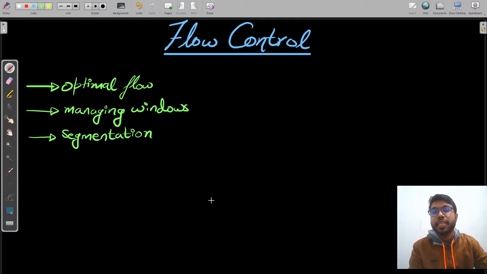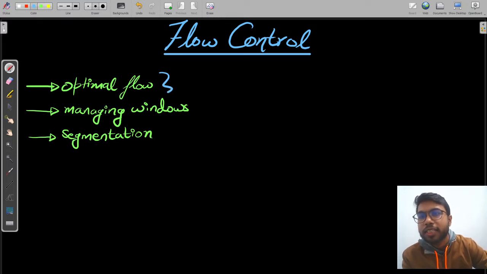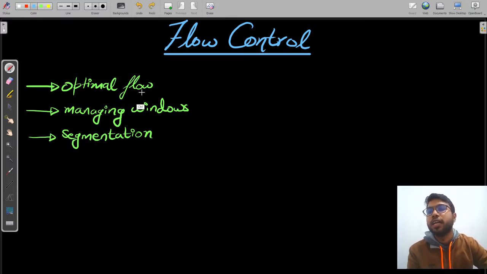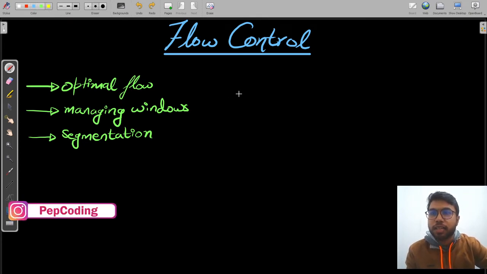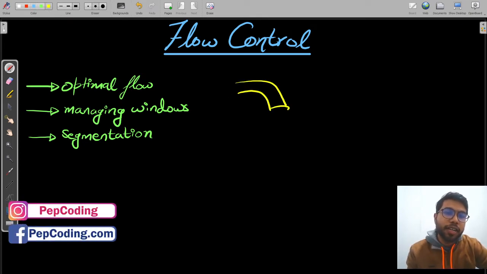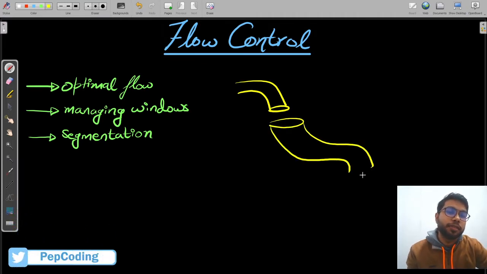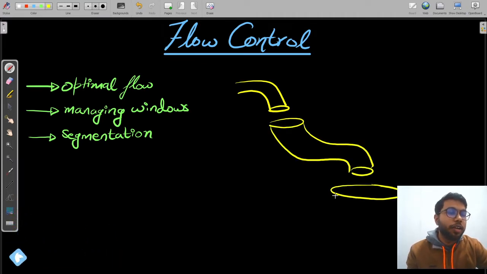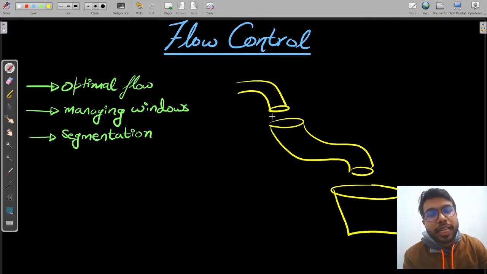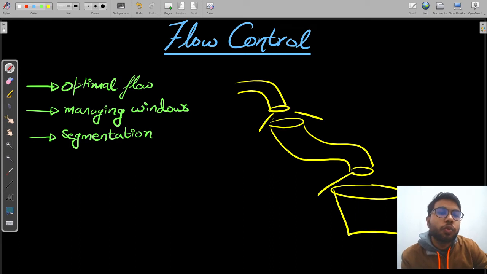So basically your flow control does one thing, and that is optimizing the flow. What I mean by that is, again, let's take our tap and bucket example. You have a tap, you had a pipe, and you had a bucket. You do not want to send so much that it overflows.